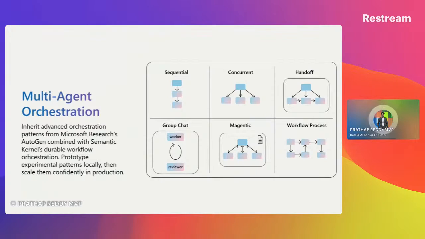Now, here we have multi-agent orchestration and how it really works. For example, we have sequential orchestration, concurrent, handoff, group chat, magentic, and the workflow process. At the enterprise level, most people are using the workflow process. Why? Because we have a particular business requirement, and for that we need to use multi-agent orchestration.